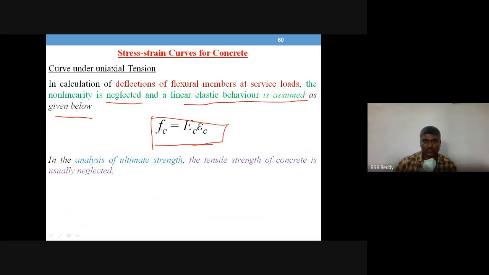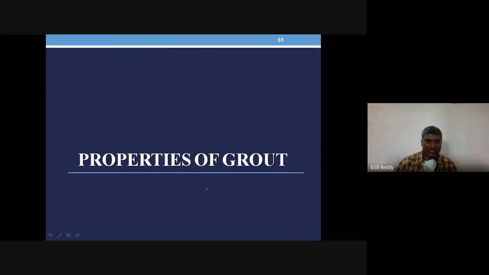So stress is proportional to strain, where the Young's modulus is taken care of. In the analysis of ultimate strength, the tensile strength of concrete is usually neglected. As I said, the strength of concrete in tension is almost neglected.